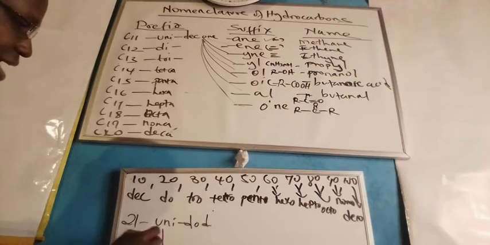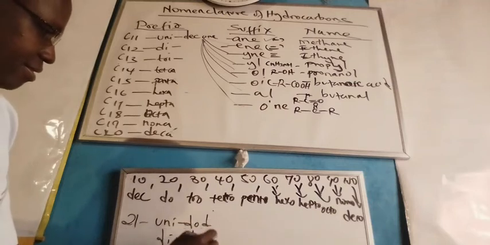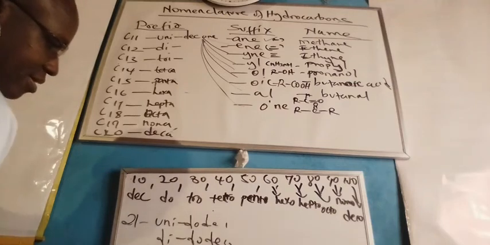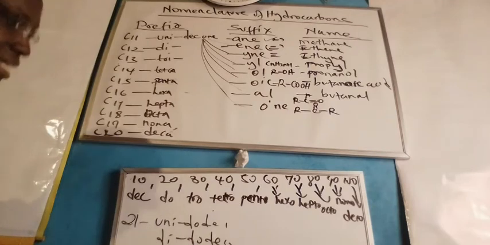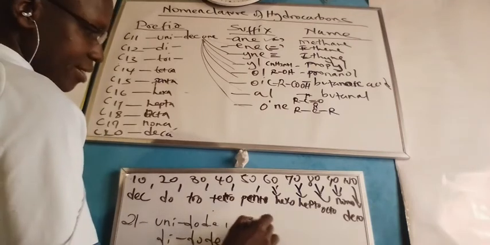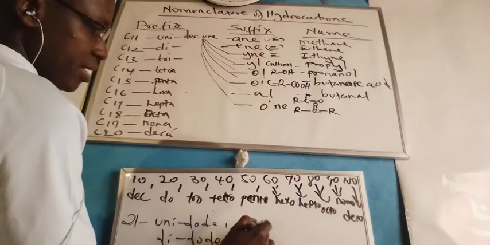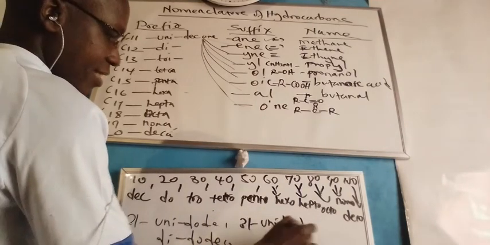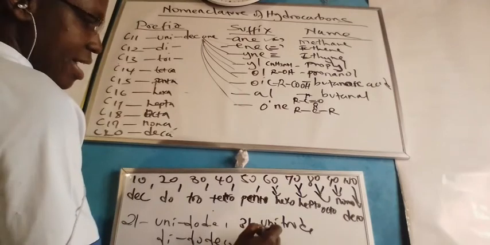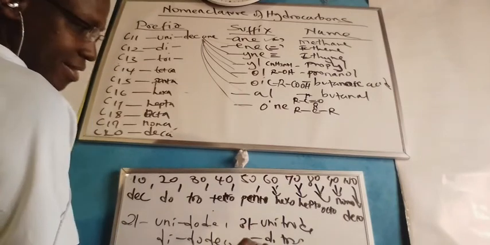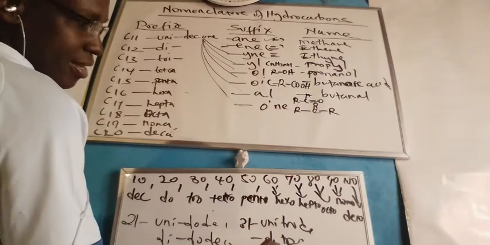And then you will say di dodecane. Tri dodecane. For 30s, we will say 30 is trodecane. So 31 will be uni trodecane. 32 will be di trodecane. 33 will be tri trodecane. What about 40? 40 is tetrodecane.